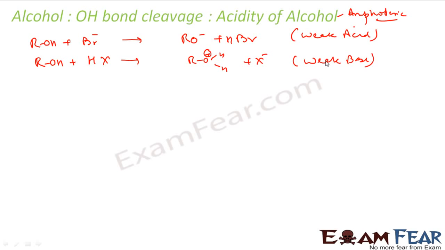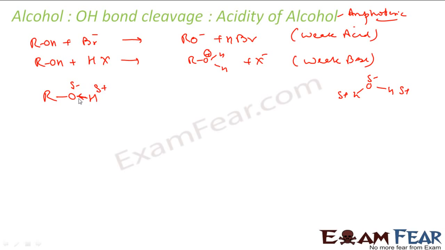Now if I want to compare the acidity of alcohol between three alcohols, primary, secondary and tertiary, the first thing we should know is why ROH is acid. So if you see water also, oxygen gets slightly negative charge and hydrogen gets slightly positive charge. Why? Because of the difference in electronegativity. So here also oxygen is more electronegative than hydrogen. It tries to pull electrons from hydrogen, right?